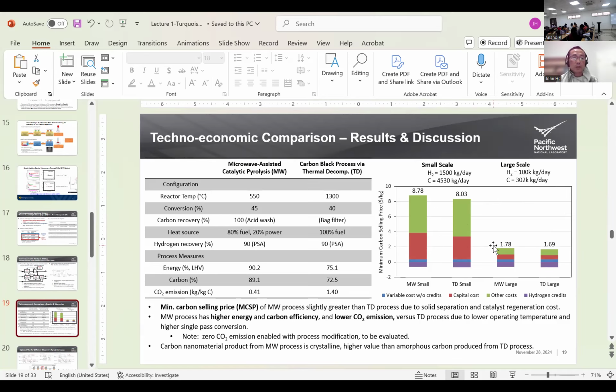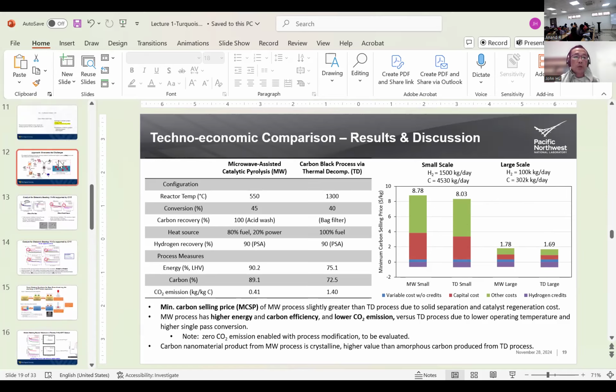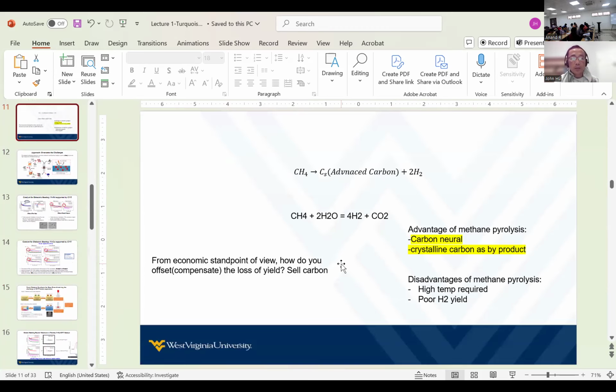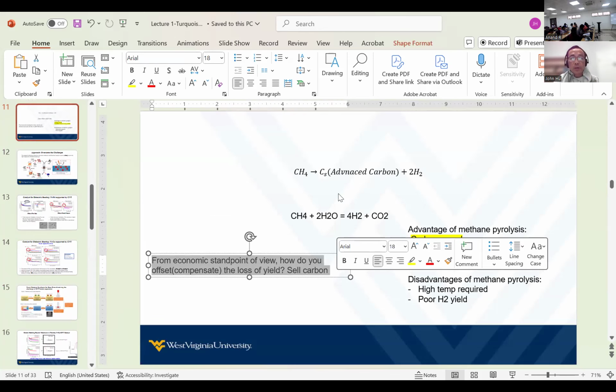The idea here is that we want to sell the carbon to offset the loss, all right? Keep remembering this. In methane pyrolysis you produce 2 hydrogen, and in methane steam reforming you produce 4 hydrogen. If you put environmental impact on the side, don't worry about it.